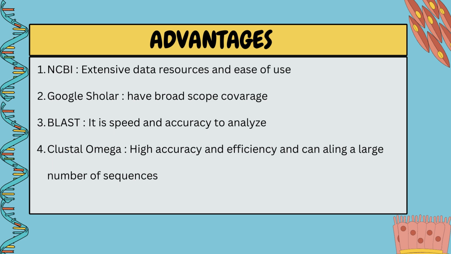NCBI is one of the most comprehensive and widely used databases for searching and retrieving scientific information related to any type of organism, including Thermoplasmata. The advantages of using NCBI include its extensive data, resources, and ease of use.